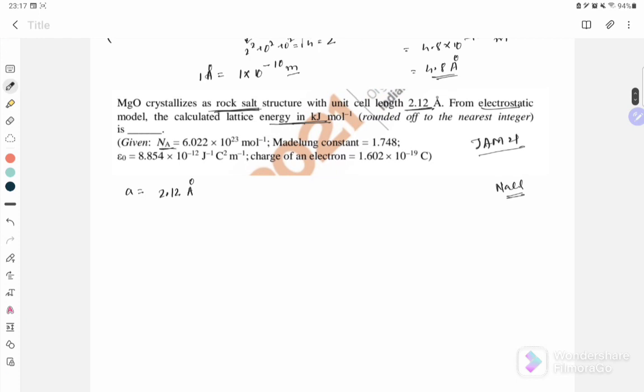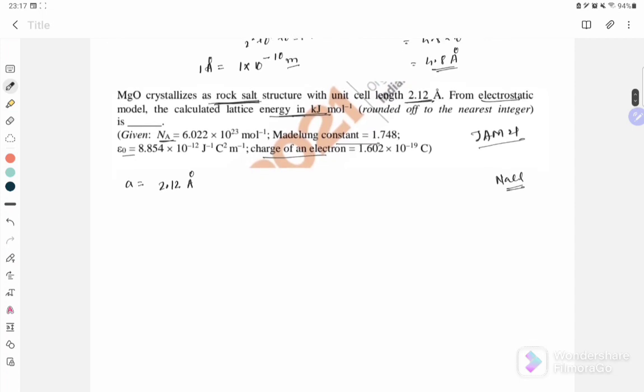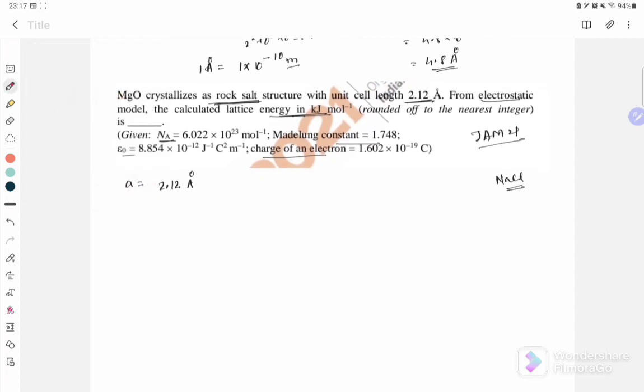So Na is given, the Madelung constant is given, and the charge of an electron is given, everything is given. So what is our main equation?